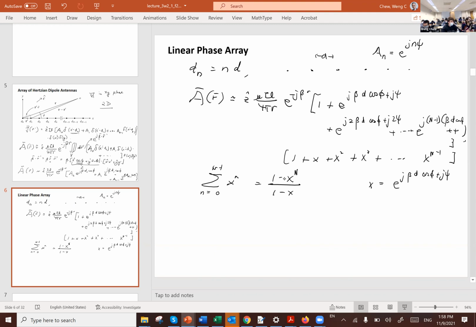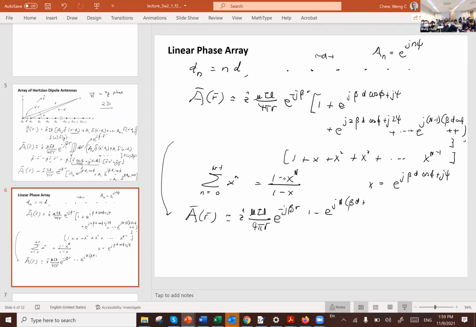And then you will find that this thing will sum to something like A of r is approximately equal to c hat mu I L over 4 pi r e to the minus j beta r, times the summation, which becomes just something like this: e to the j n beta d cosine phi plus psi, over 1 minus e to the j beta d cosine phi plus psi.